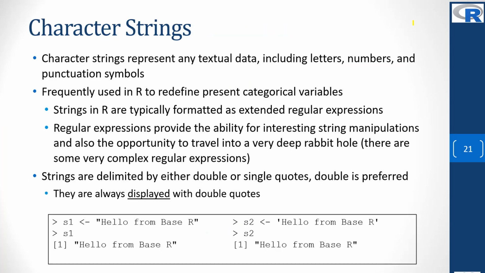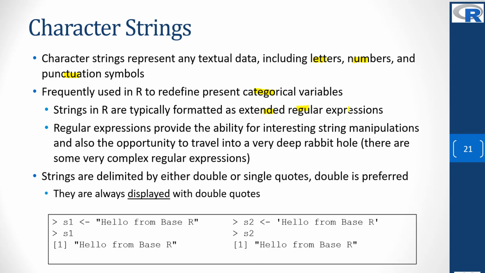Now let's look at some of the details of character strings in R. Character strings represent textual data, which can be letters, numbers, punctuation. In R, we use them a lot to represent categorical variables as opposed to quantitative variables. In other words, not numbers, but more descriptive variables. They're formatted as what we call extended regular expressions.